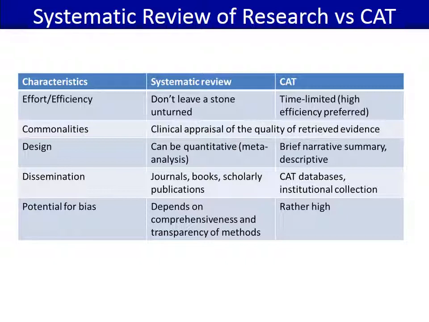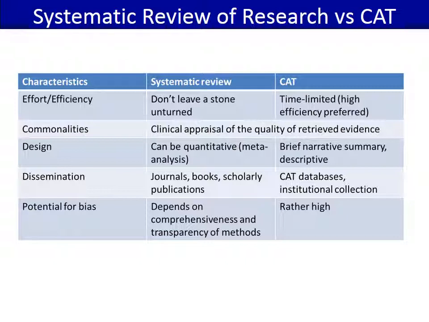The commonality between the two is that the quality of the retrieved evidence is clinically appraised. With a systematic review, it can be quantitative, and very often meta-analyses using complex statistics are performed, whereas a CAT is usually a brief narrative summary.